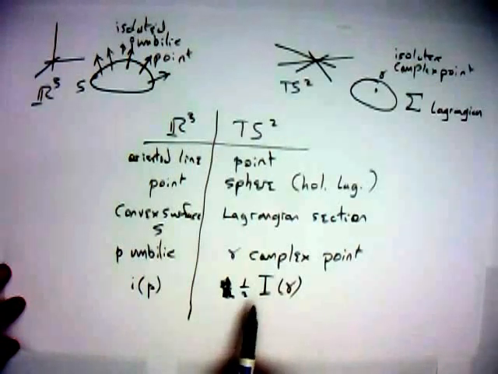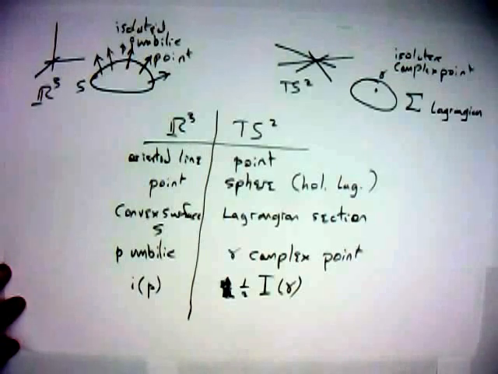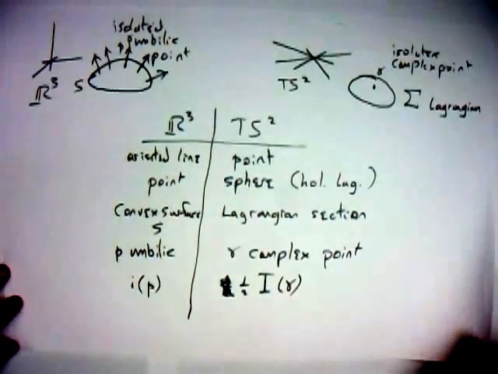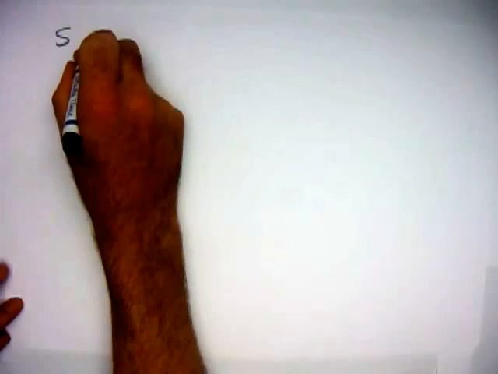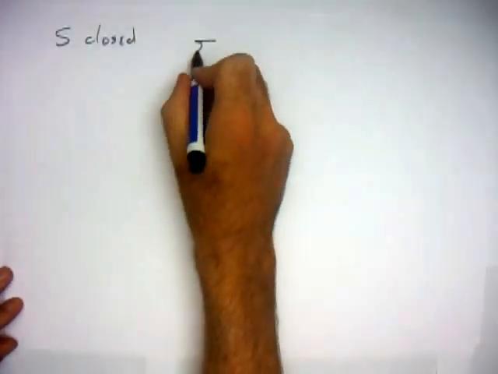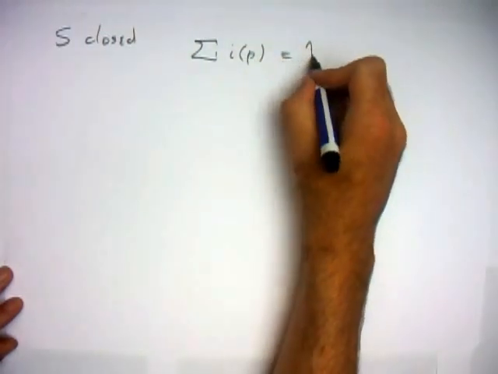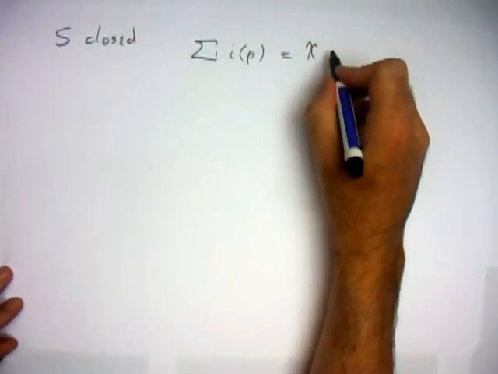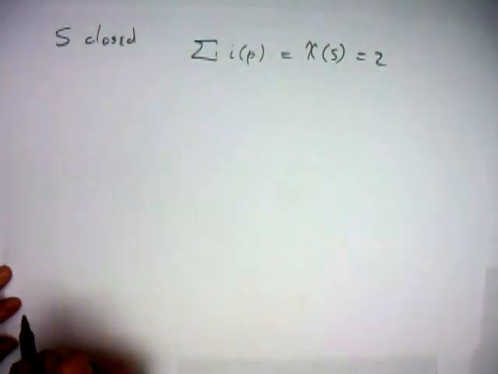So we have two different indices. I denote them with a small i and a capital I: umbilic index and complex index, just to keep them separate. One further point worth making is that if S is a closed surface with isolated umbilic points, the sum of the indices of the isolated umbilic points should be the Euler characteristic, which is 2.